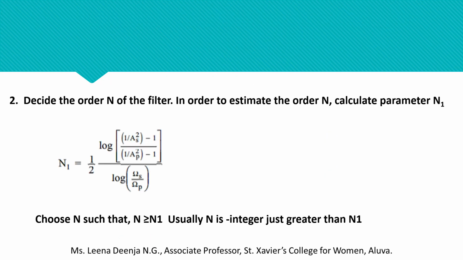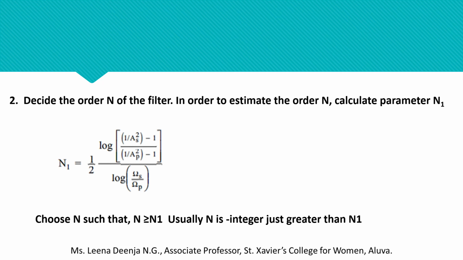The second step is to decide the order N of the filter. In order to estimate the order N, we calculate a parameter N1, which is equal to 1 by 2 log of ((1 by As square minus 1) divided by (1 by Ap square minus 1)) whole divided by log of omega s by omega p.